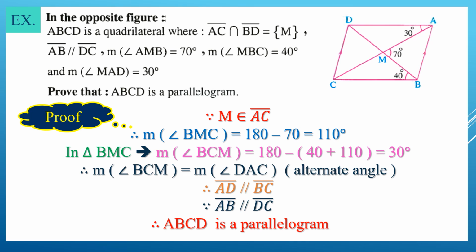Then measure of angle BCM equals the measure of angle DAC as alternate angles. Then AD is parallel to BC. Since AB is parallel to DC as a given, then ABCD is a parallelogram.